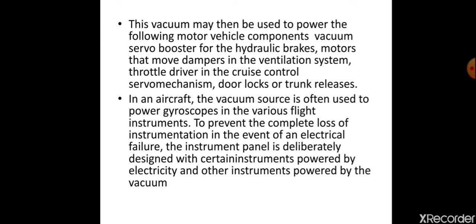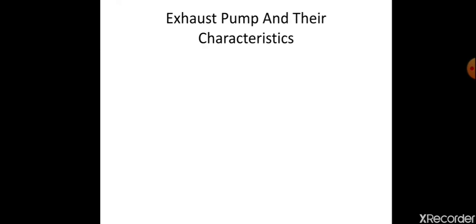In an aircraft, the vacuum source is often used to power gyroscopes in the various flight instruments to prevent the complete loss of instrumentation in the event of electrical failure. The instrument panel is deliberately designed with certain instruments powered electrically and other instruments powered by the vacuum.